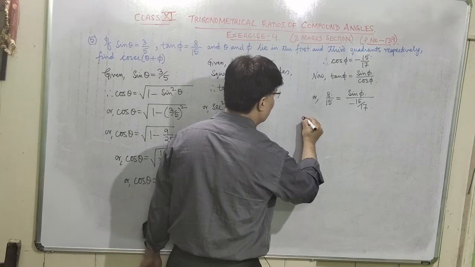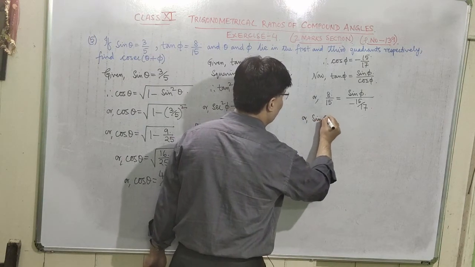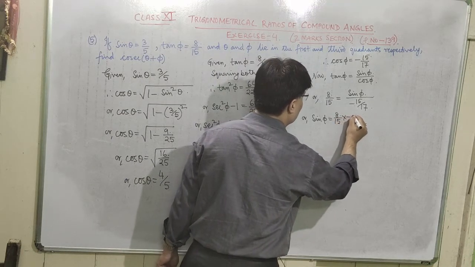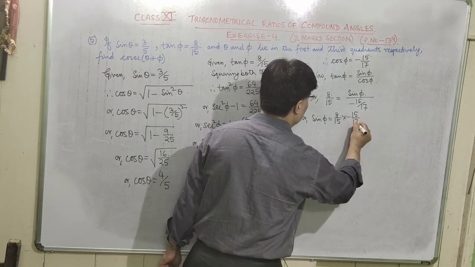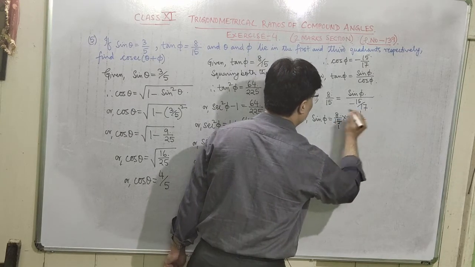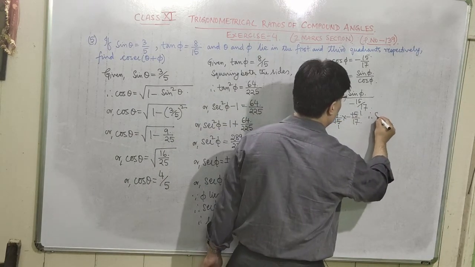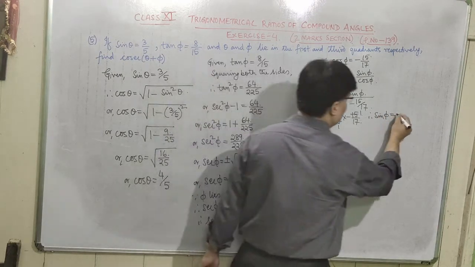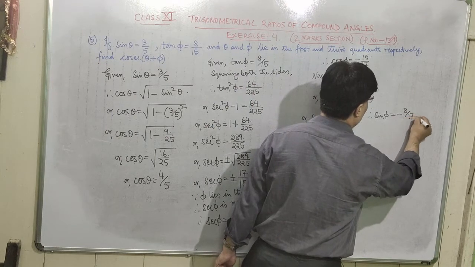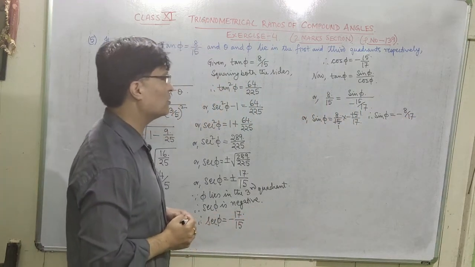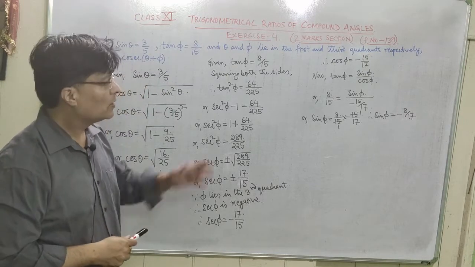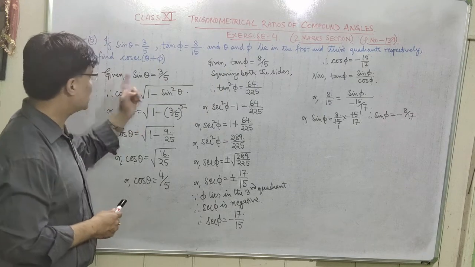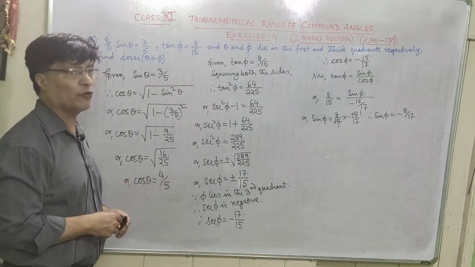So sin phi is equal to 8 by 15 into minus 15 by 17. The 15 cancels, so sin phi is equal to minus 8 by 17. So sin phi is minus 8 by 17, cos phi is minus 15 by 17, sin theta is equal to 3 by 5, and cos theta is equal to 4 upon 5.